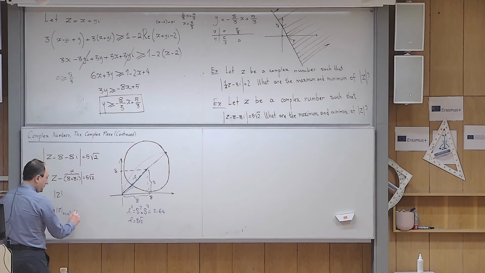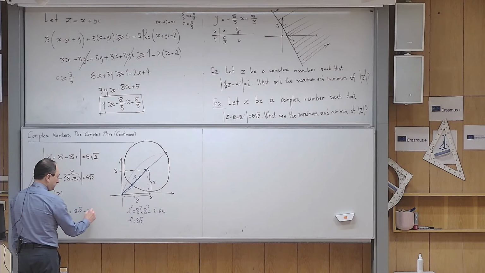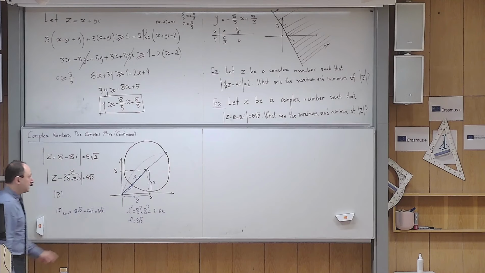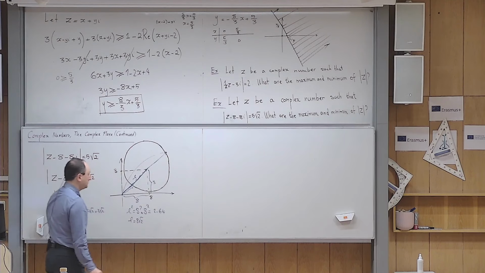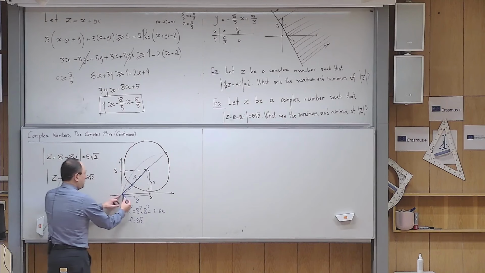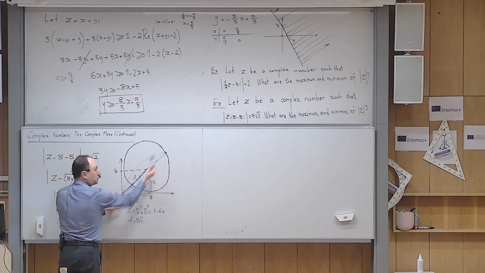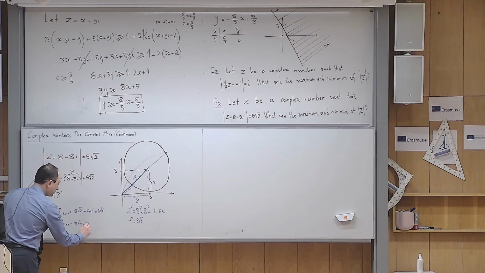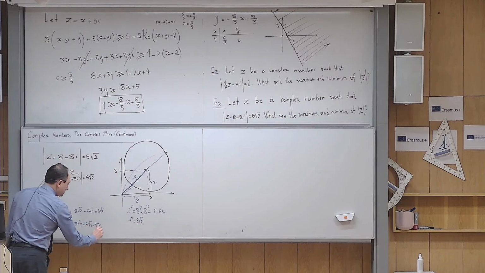Z minimum is 8 square root of 2 minus 5 square root of 2, which is 3 square root of 2. Yes? And what is the largest distance now? The Z maximum is equal to from here to here, but plus the radius. So this becomes 8 square root of 2 plus 5 square root of 2. It becomes 13 square root of 2.